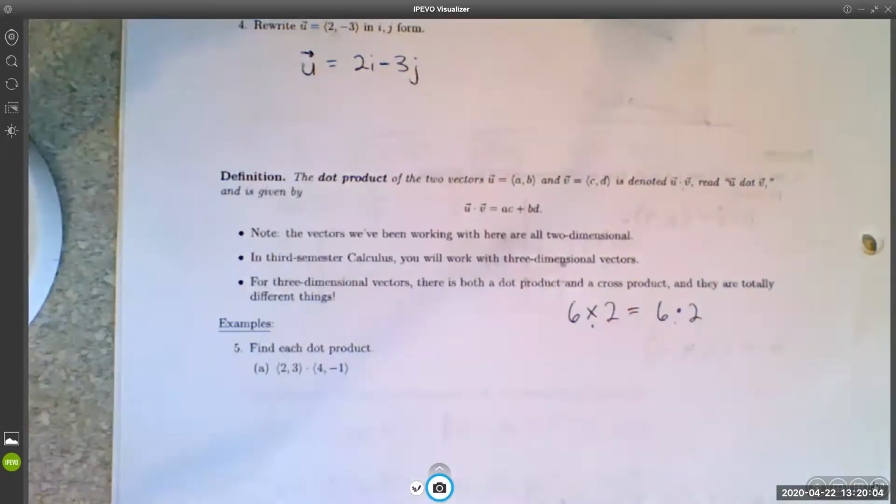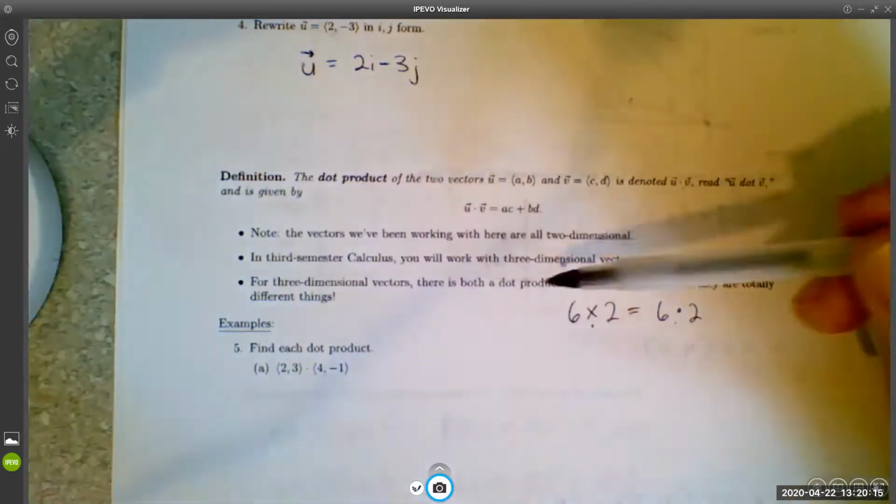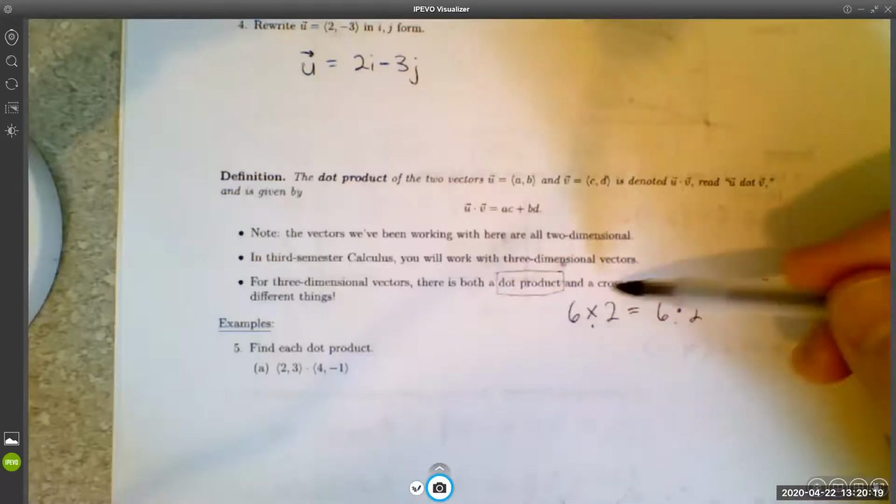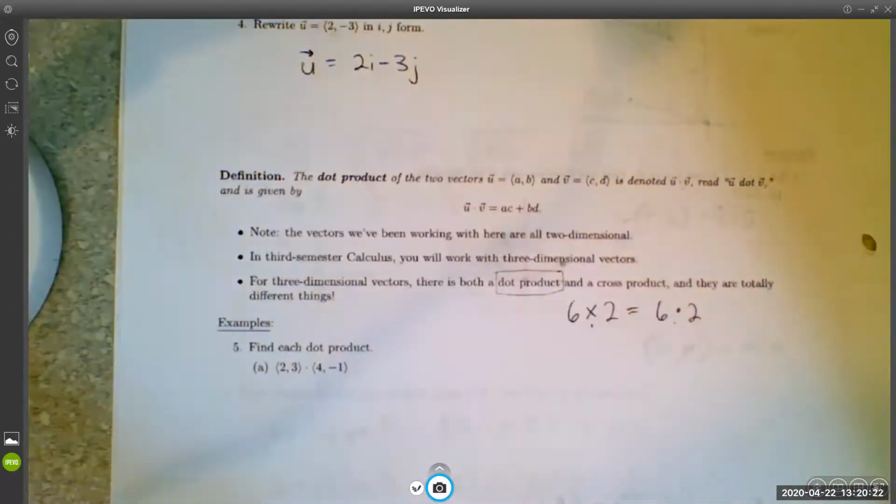That's something to be aware of when you move into calculus or physics. But for this class, we're only going to talk about the dot product, since the cross product is only defined for three-dimensional vectors, and we're only working with two-dimensional vectors here.